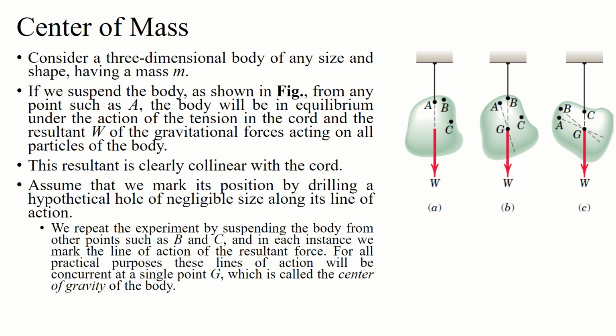But this is of no practical importance as long as we deal with bodies whose dimensions are small compared with those of Earth. So, assuming a uniform and parallel force field due to the gravitational attraction of the Earth, this assumption results in the concept of a unique center of gravity.